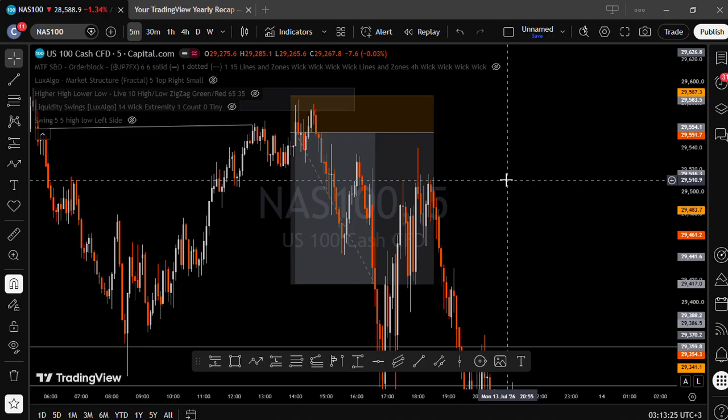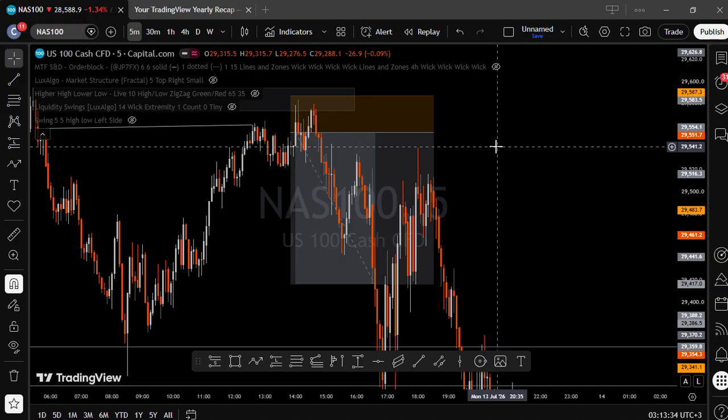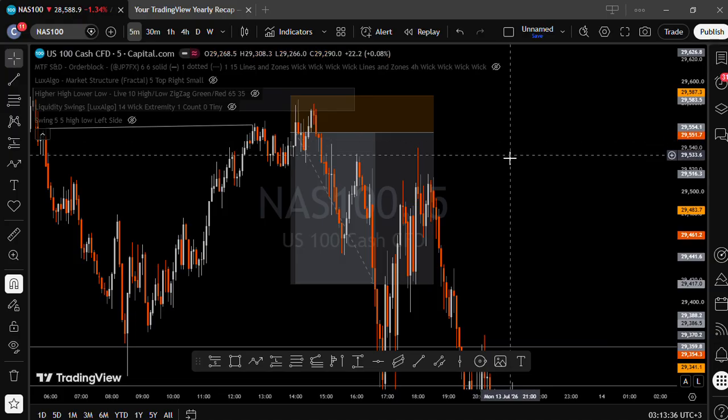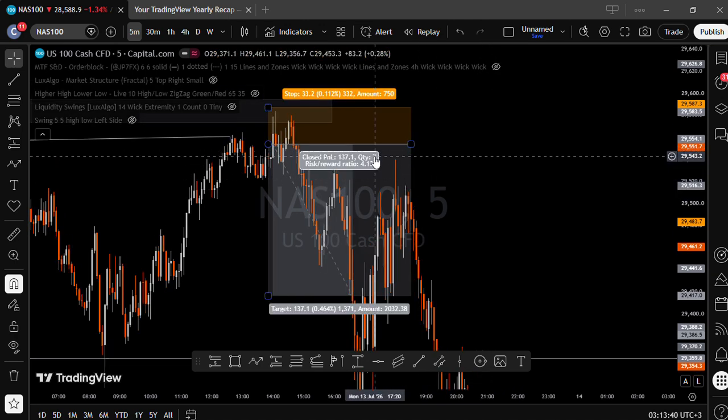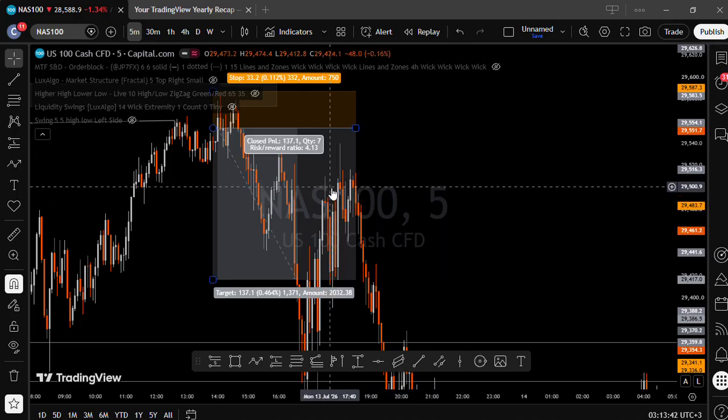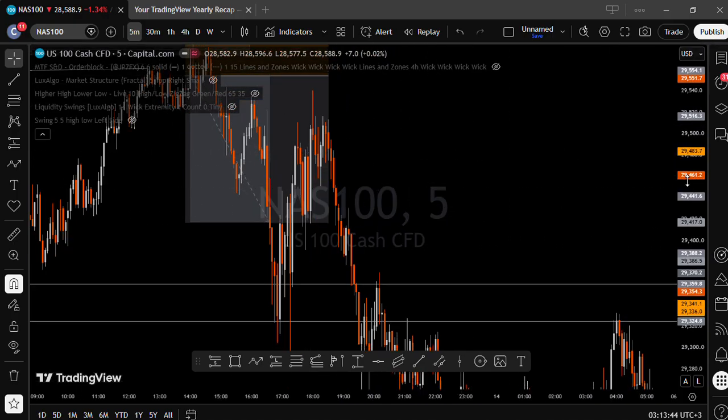I normally do not risk more than 1% of my account, so that is part of my risk management strategies. So here I was able to get 1 to 4 by risking 0.5% of my account. So I was up. That was a good trade, and that was Monday. That was the only trade that I took.